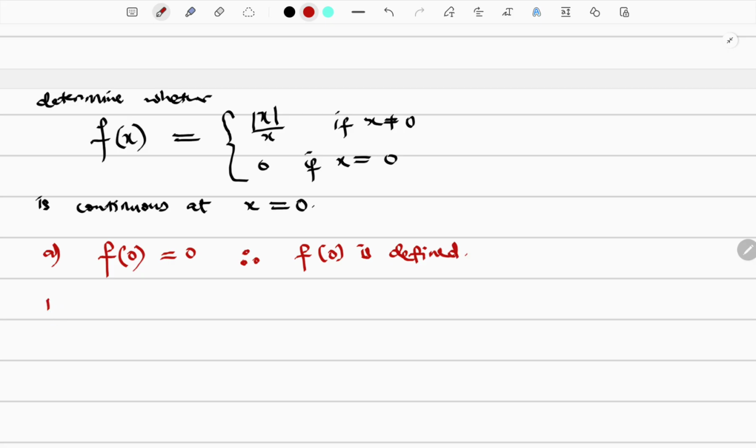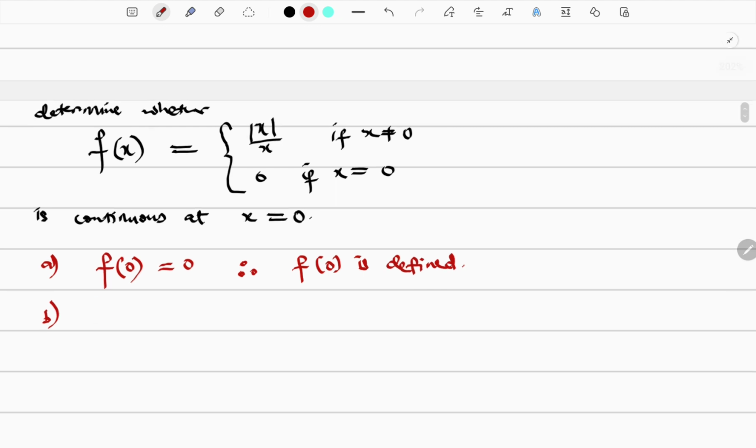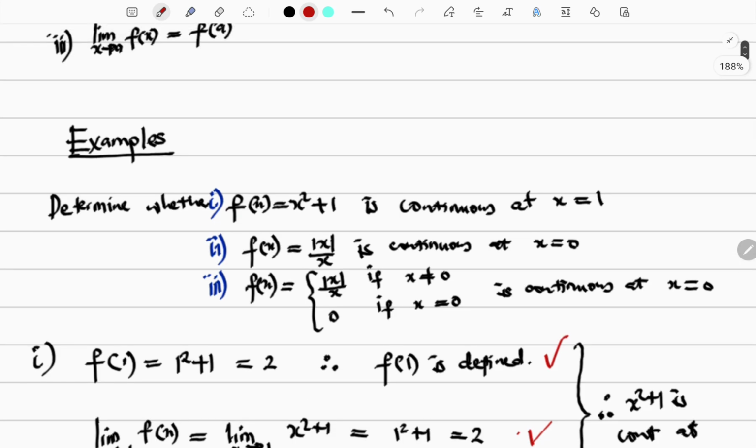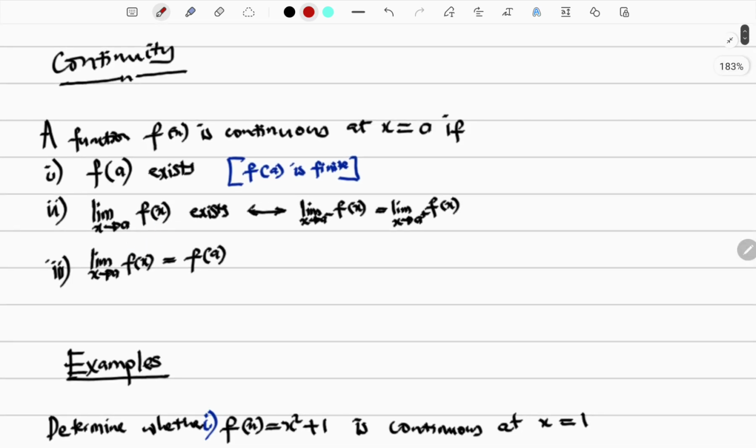Then part B is we want to prove that the limit exists. Let me just refer back again. The limit as x approaches a of f of x should exist.